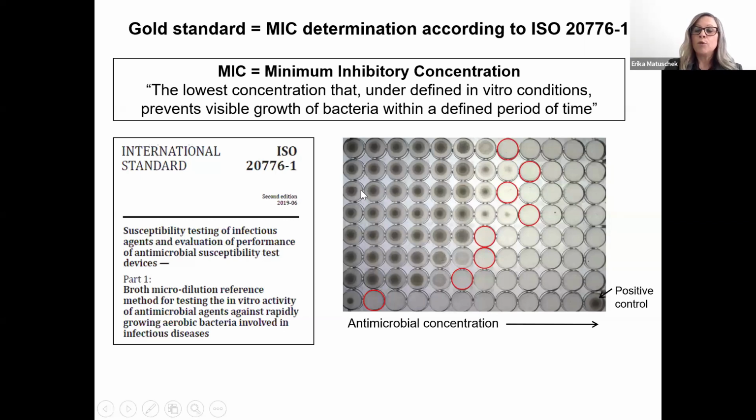Here's an example of a broth microdilution plate where you can test one isolate against a number of different antimicrobial agents. You always need a positive control, a well without antibiotics, to make sure that your bacteria are growing in the broth. And then here we have one new antimicrobial agent on each row, and we would read the MIC where we have no visible growth.